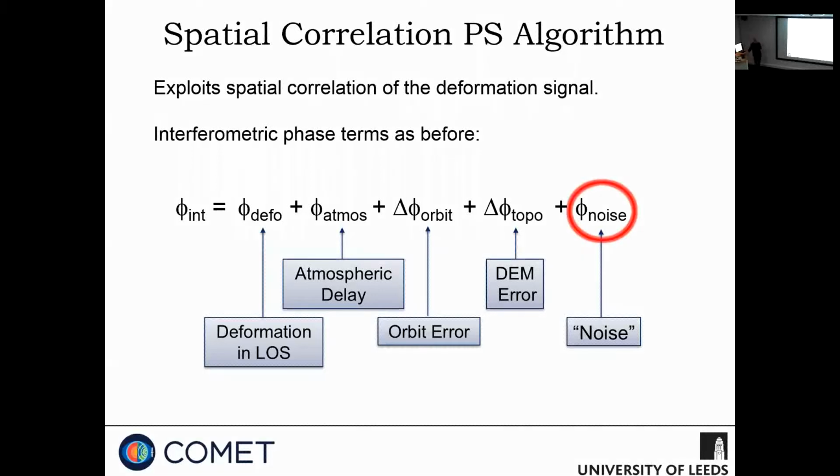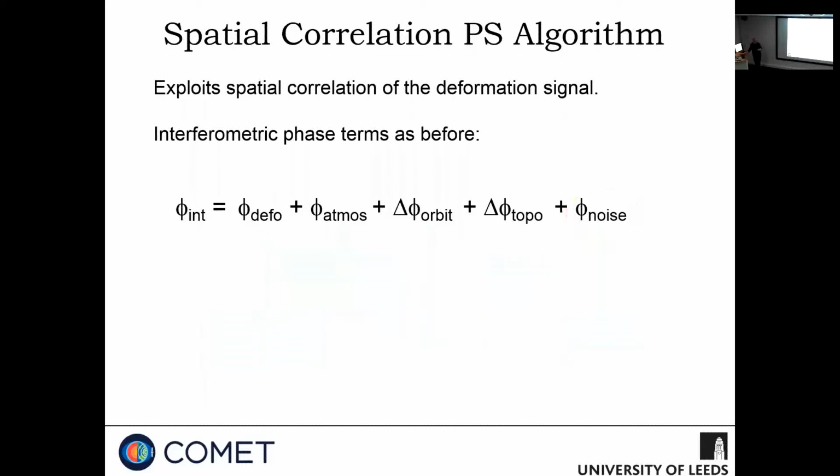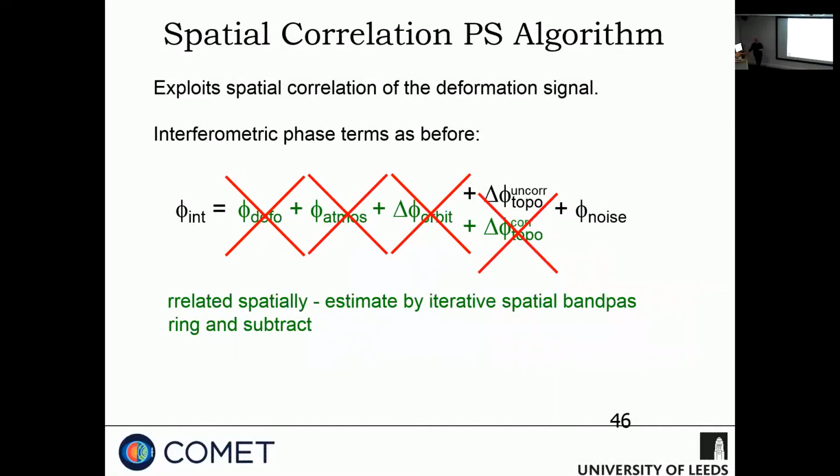But what characterizes a PS pixel is the noise, as I mentioned already. So in this approach, you just try to get rid of everything that isn't noise to characterize it. The first thing is to basically subtract off everything that's spatially correlated. And that gets rid of nearly everything.